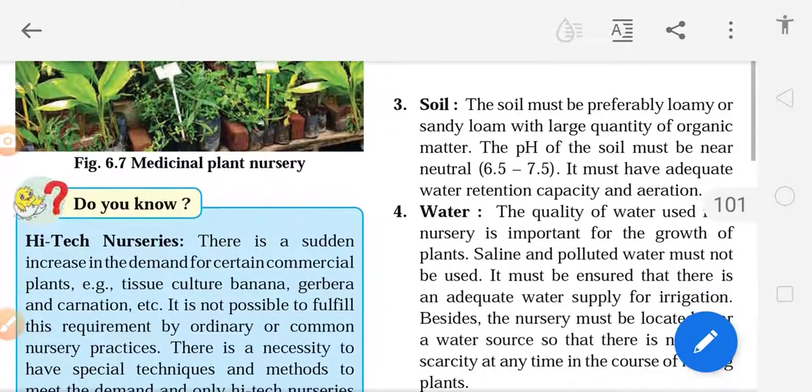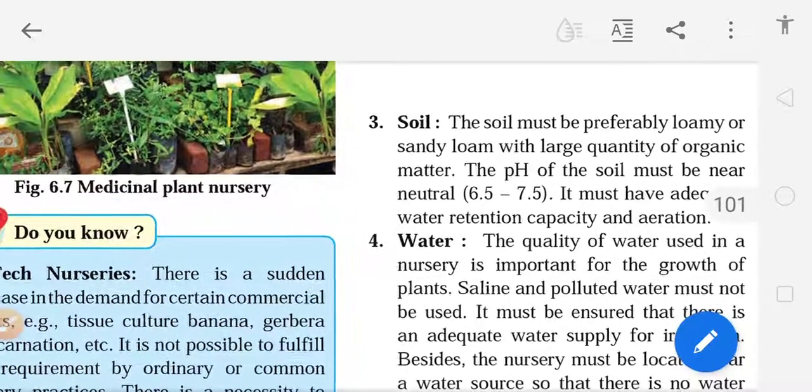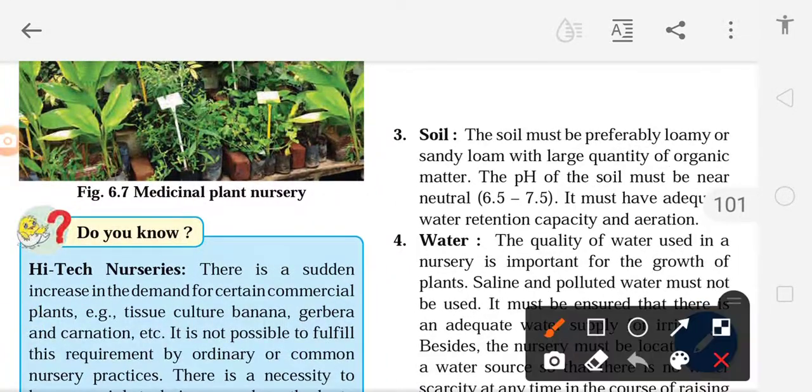Another factor, that is the soil. This is the most important factor, soil. As far as possible, this soil should preferably be loamy soil. We have studied different kinds of soils. So loamy soil is a good soil, and that soil is particularly available on the banks of rivers, and that is rich in organic matter.